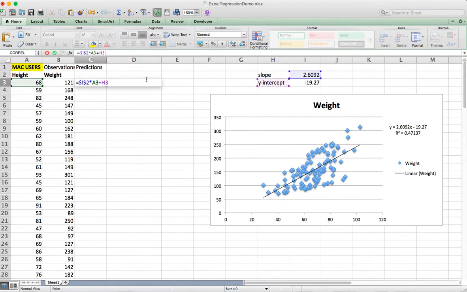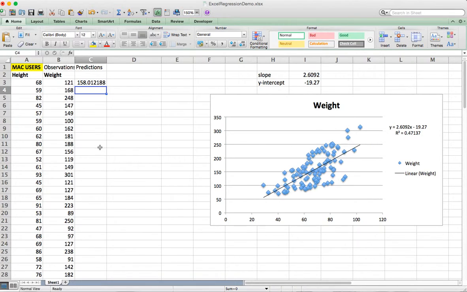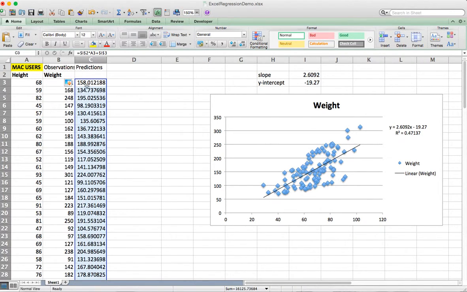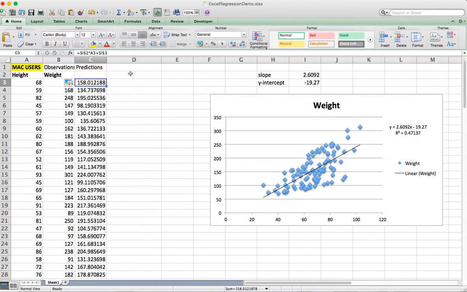And again, I'm going to manually stick some dollar signs in there. So what this is doing is writing this equation, slope times x plus y-intercept. Enter, and double click on that to fill down. So I now have my predictions.